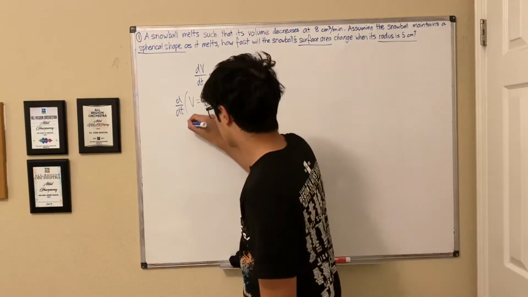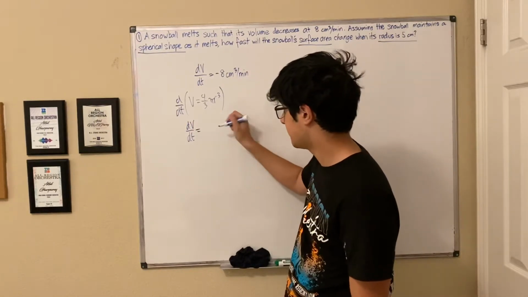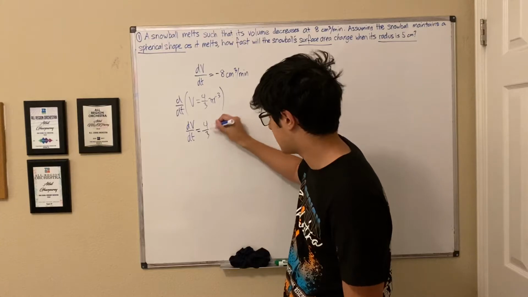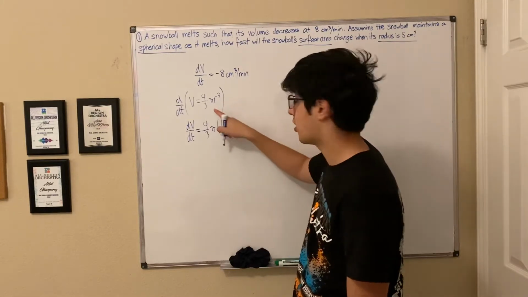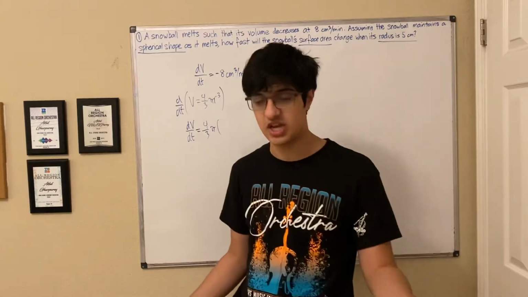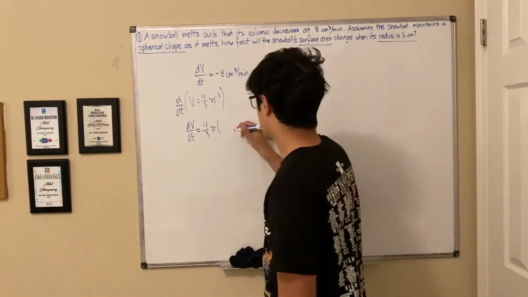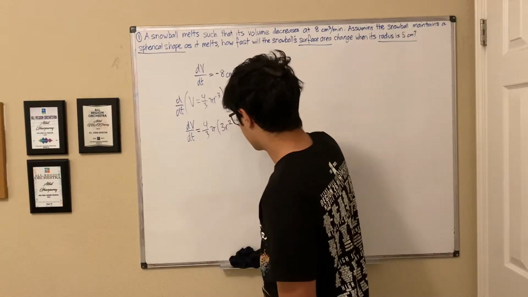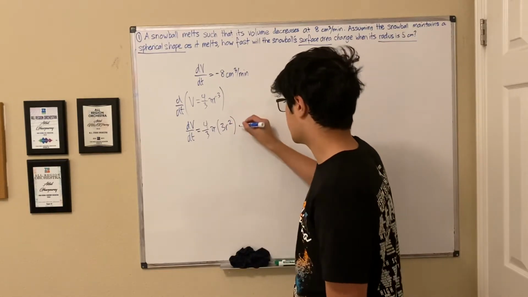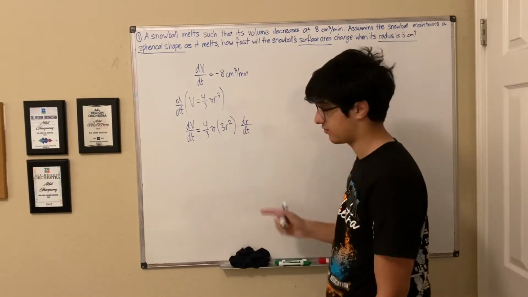And I'll show you. So, by doing implicit differentiation, we get dV/dt is going to be 4/3 pi, these are constants. Now, r is changing with respect to time. If the volume is changing, then the radius has to change. So, because 4/3 and pi are constants, we get 3r squared times dr/dt. That is how we do implicit differentiation.